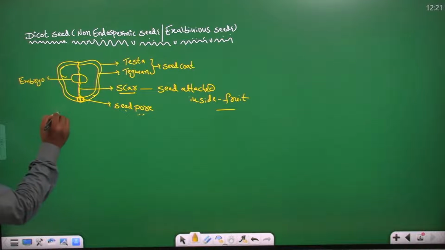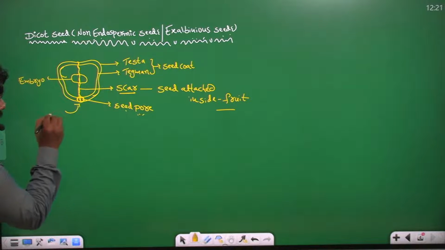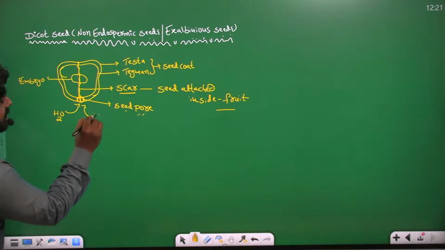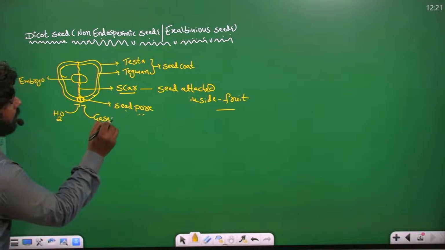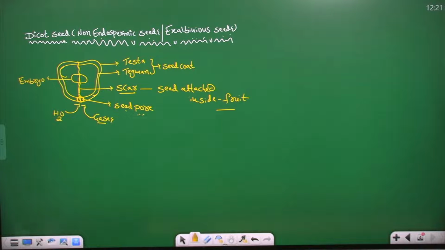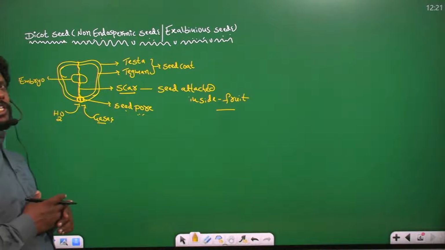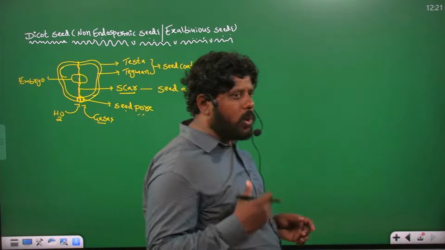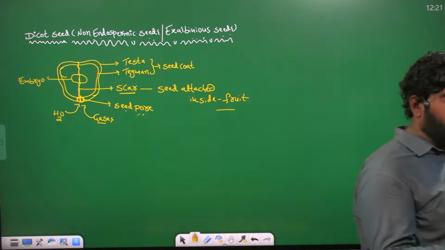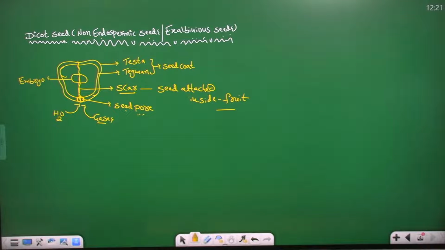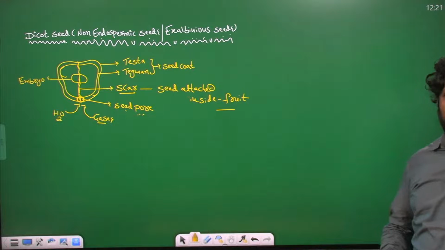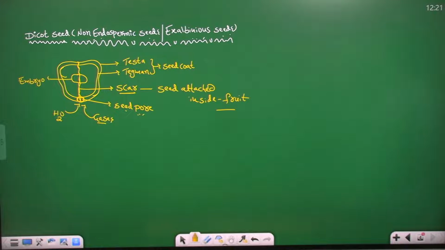Through that seed pore, water and other gases exchange takes place. Water and gases come in and out. The seed pore plays an important role to allow the entry and exit of water and other gases like O2, oxygen, CO2, whatever is required.